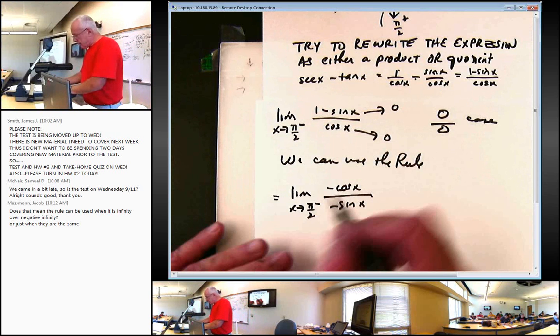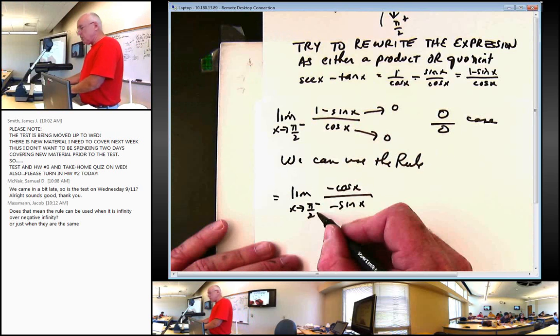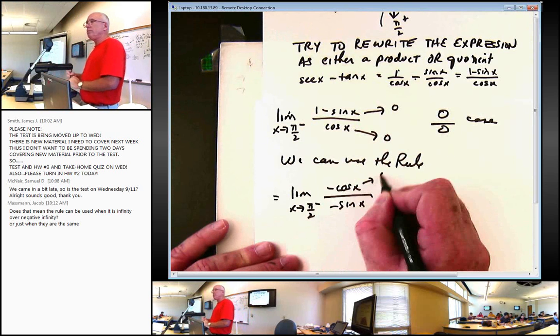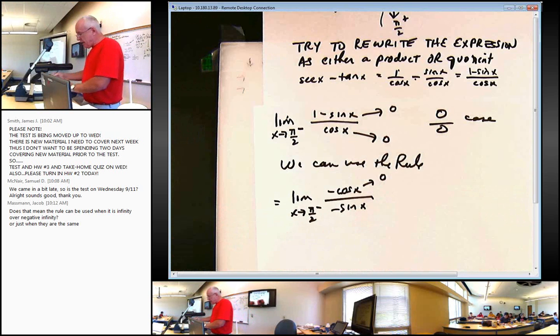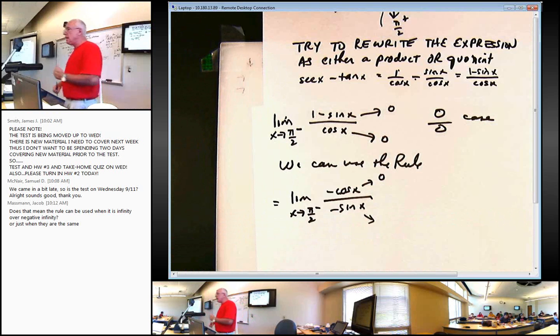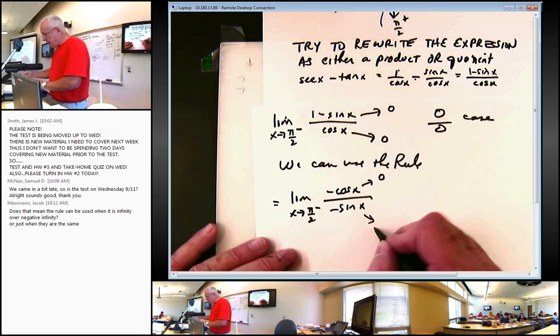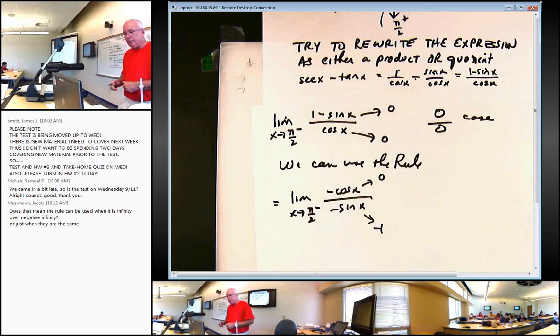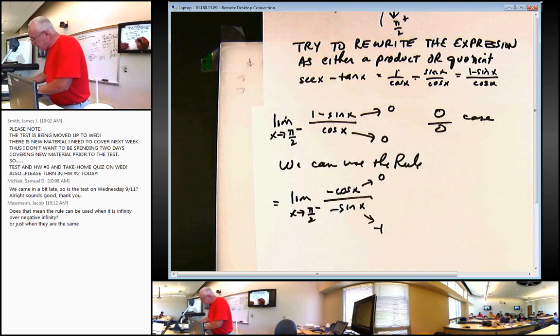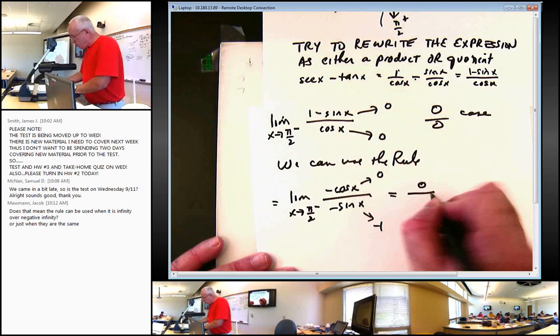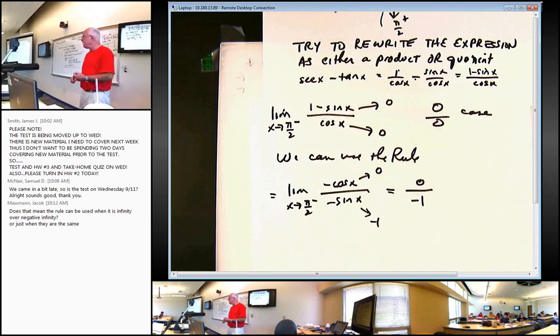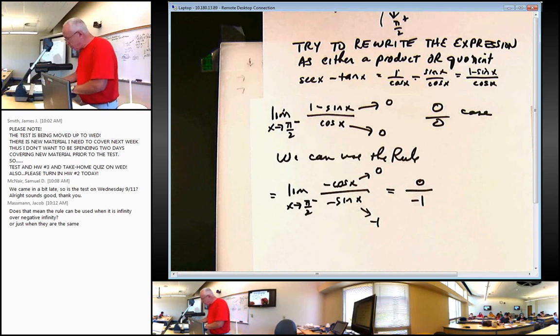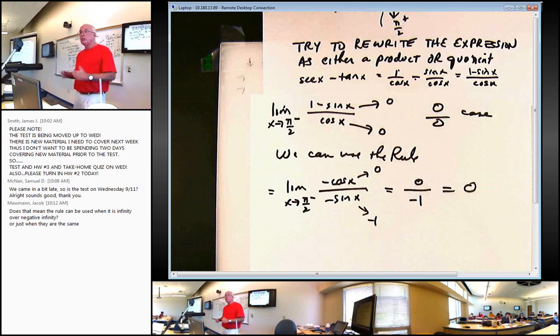The cosine of pi over 2 is 0, so this goes to 0. The sine of pi over 2 is a 1, so this bottom part goes to negative 1. So basically, this limit is going to be 0 on top, divided by negative 1. Well, 0 divided by any non-zero number is equal to 0. So that's our limit using the rule.